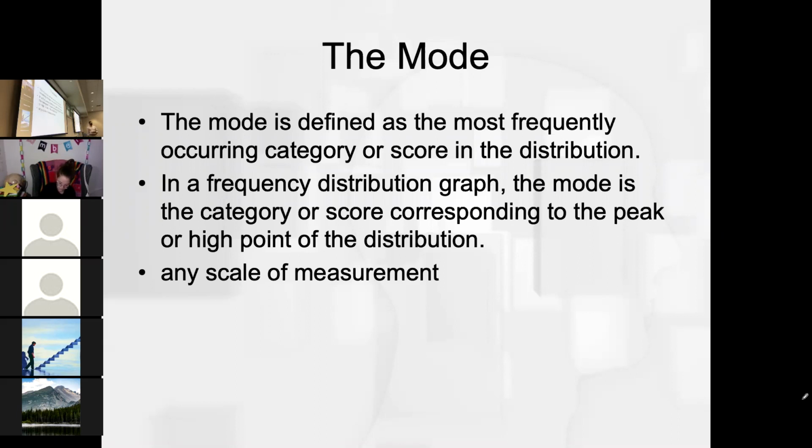And when you do a frequency distribution like we did last week, so you have a histogram, that mode is just going to be the highest point. So if we have our distribution here, the mode is going to be that point where it tops out.